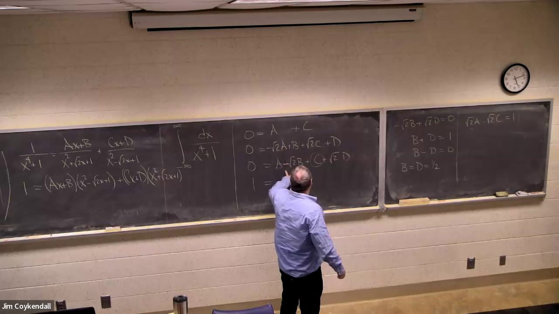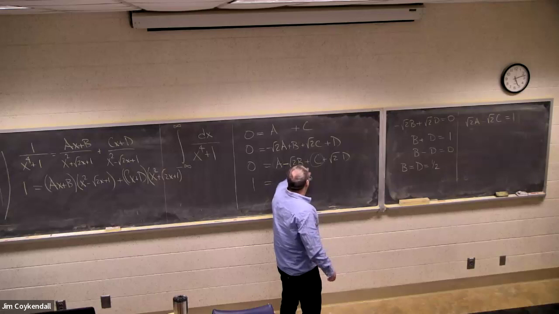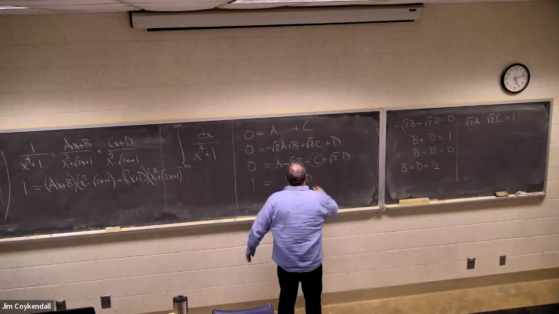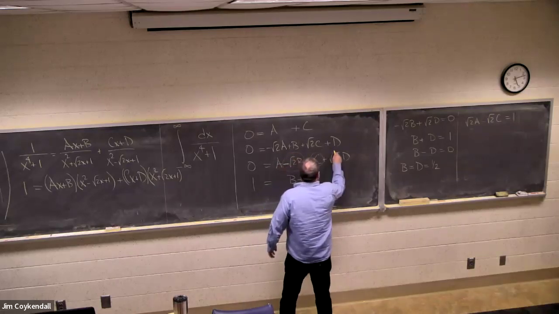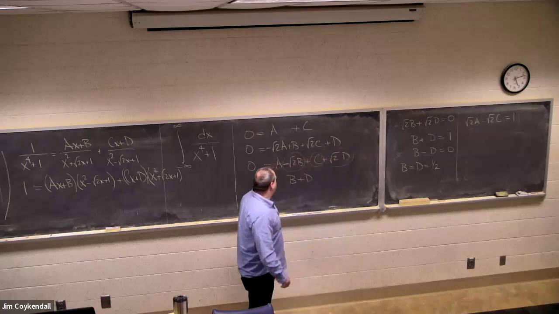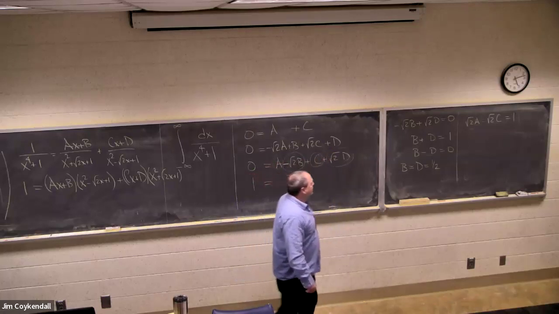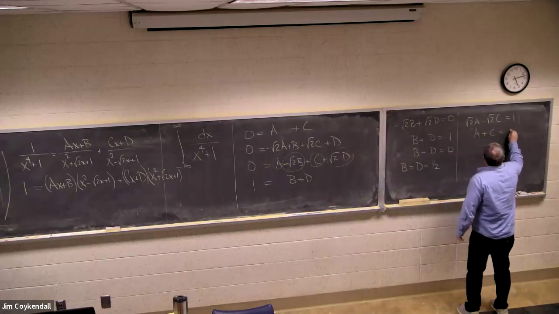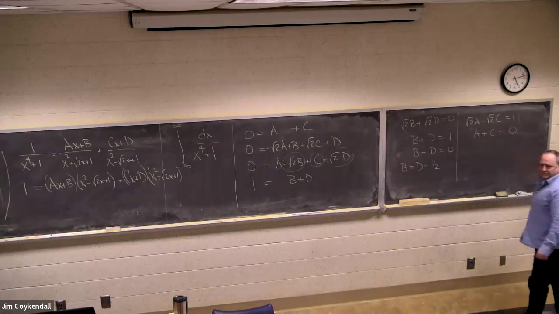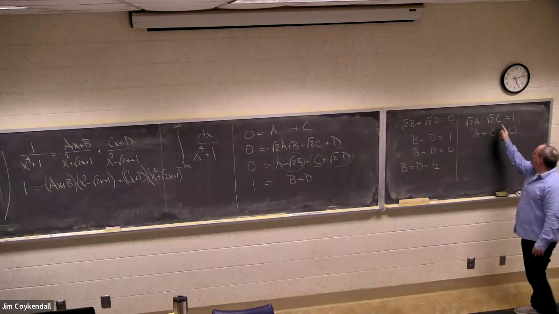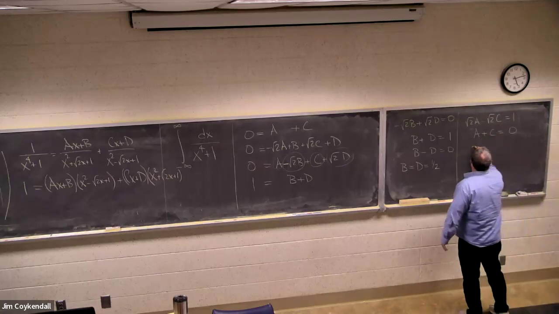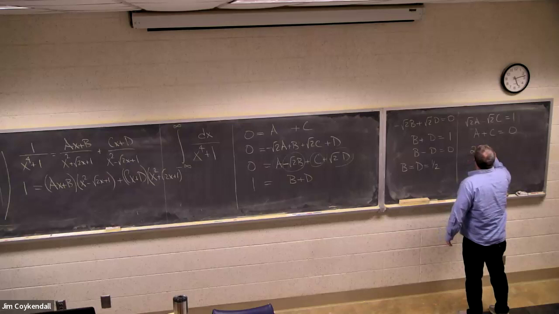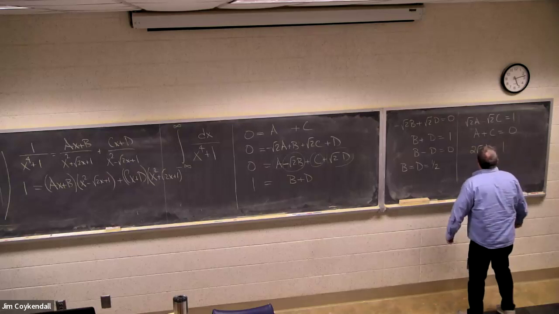And so if I threw b and d as a half in here, what happens here? Those two cancel out, don't they? So I get a plus c. So that means a and c are opposite sign, and so I get 2 radical 2a is equal to 1.